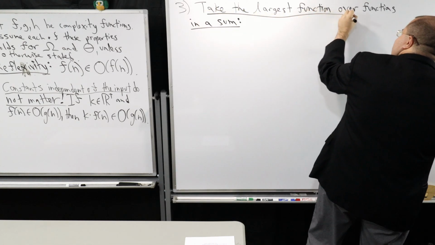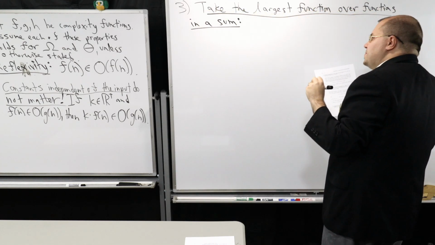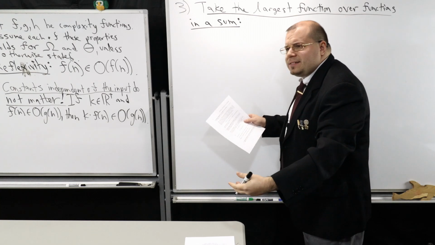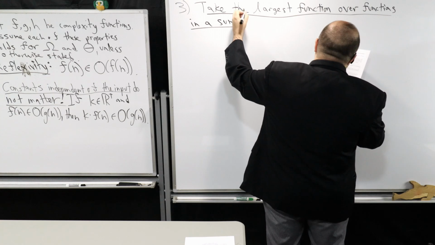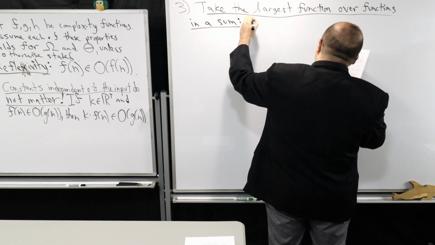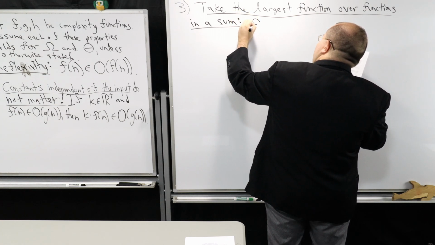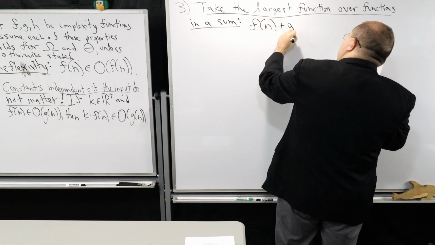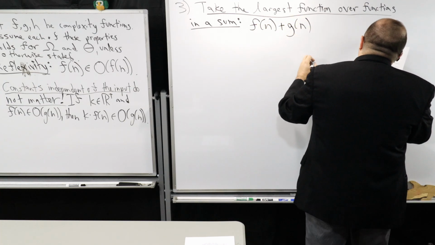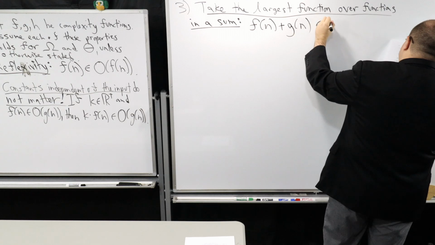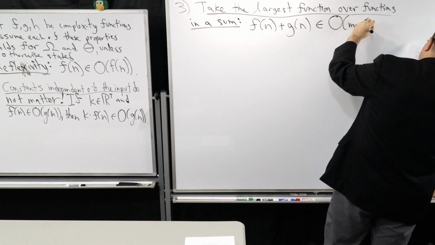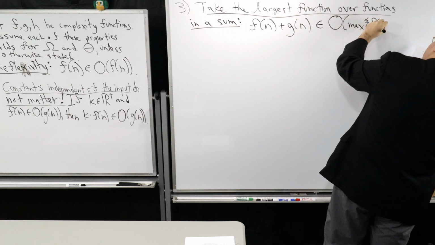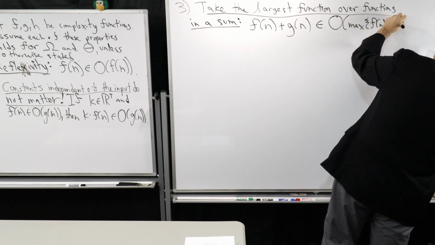So what do I mean by this? Let me just elaborate. What I'm saying is that if I give you f and I sum it with g, this is in fact big O of the max of f and g.